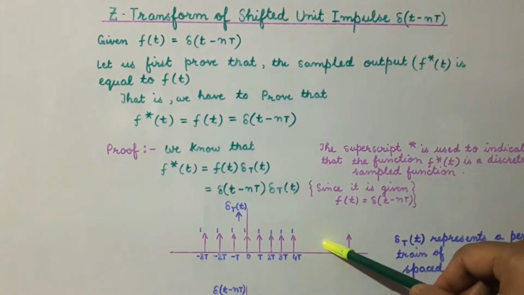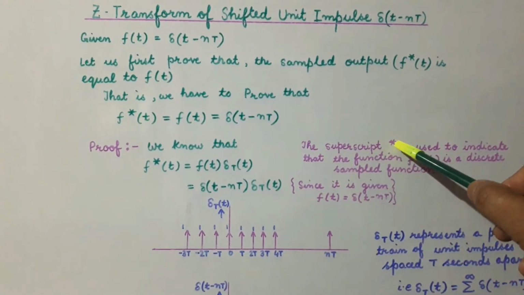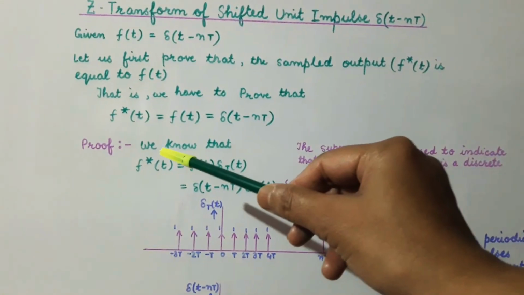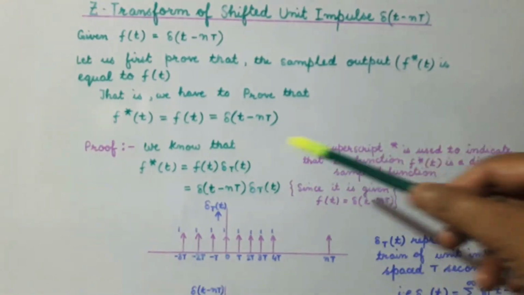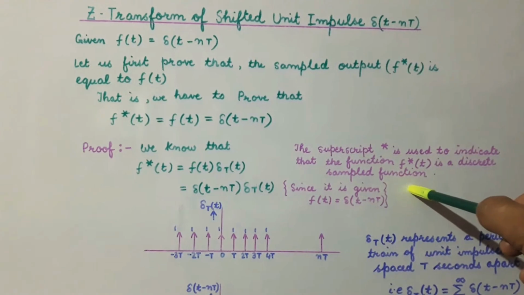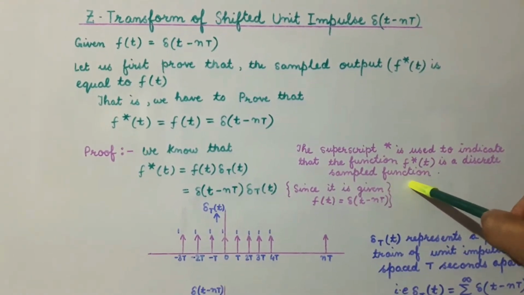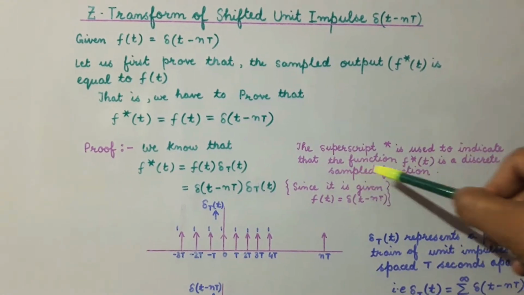So we will get this same graph. Now this star, which is a superscript used in f*(t), is used to indicate that this function is a discrete sampled function, because we find the Z transform of only a discrete sampled function.